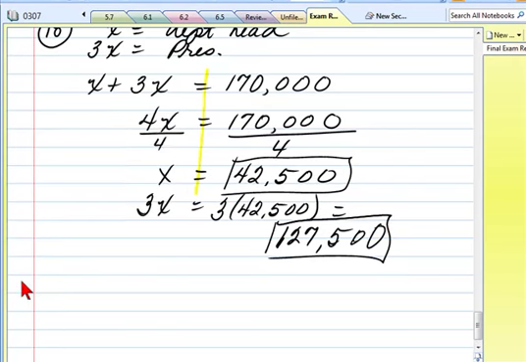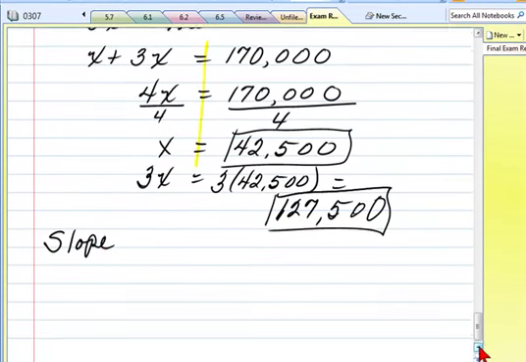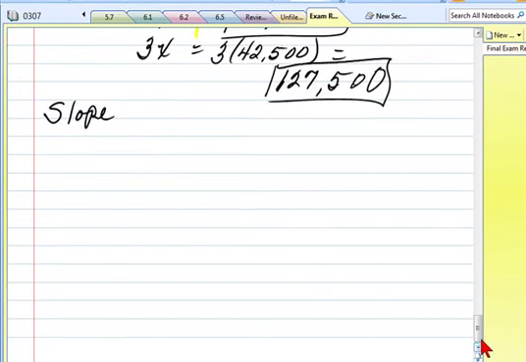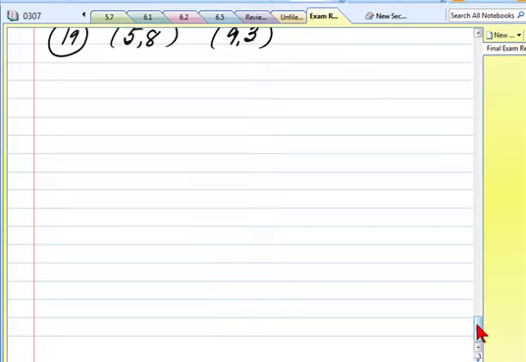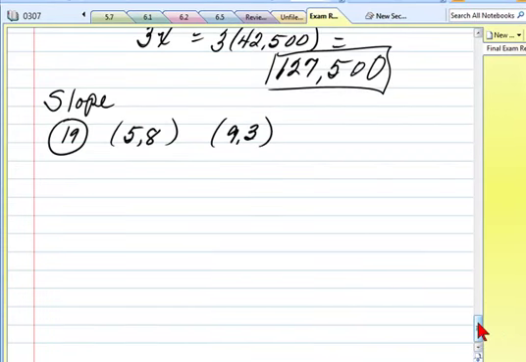All right, problems 19 through 22 ask you to find the slope of a line. So this is a case when your blue sheet might be helpful. Problem 19 asks you to find the slope and it gives you 2 points: 5, 8, and 9, 3. To find the slope given 2 points, you need to have the slope formula.